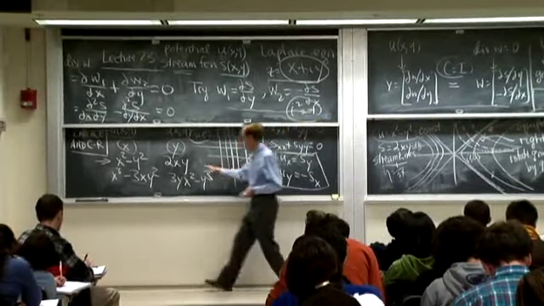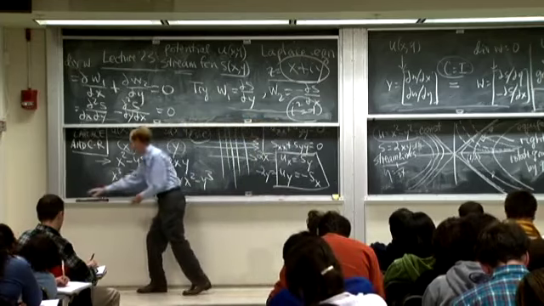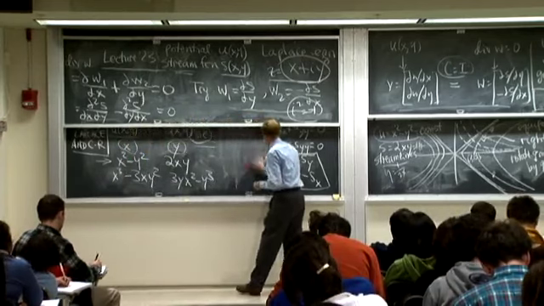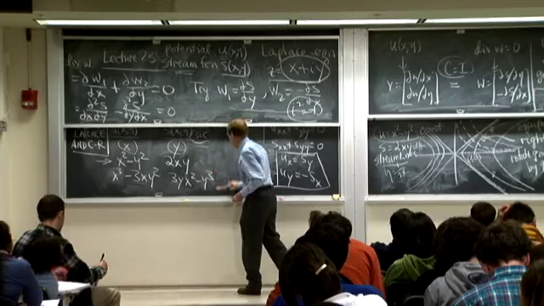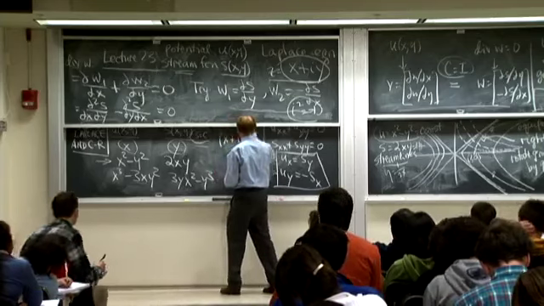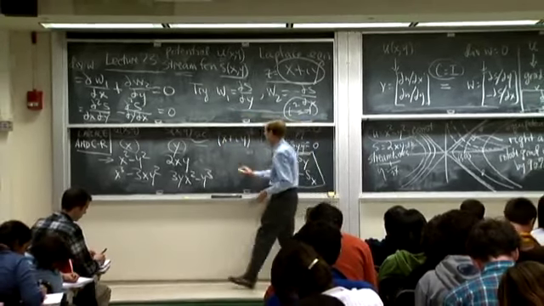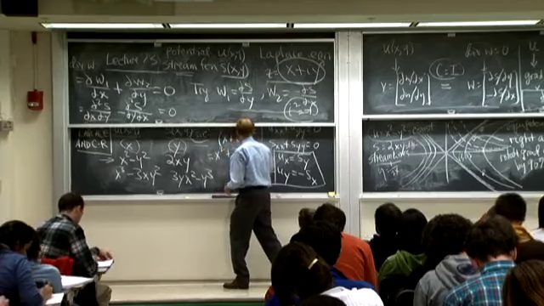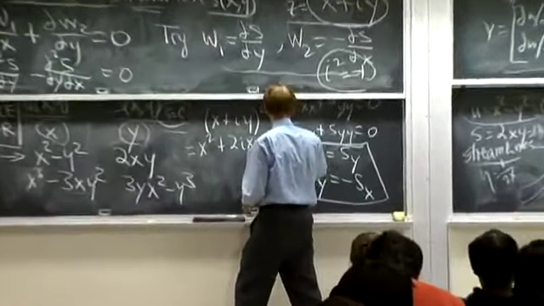So let me just check what I said about the squares first. How do you do x plus iy squared? Because that's what I believe we're seeing in the quadratic list. So I claim that if I take x plus iy squared, just do it normally, I get x squared, and I get 2i xy, and I get i squared y squared, right?